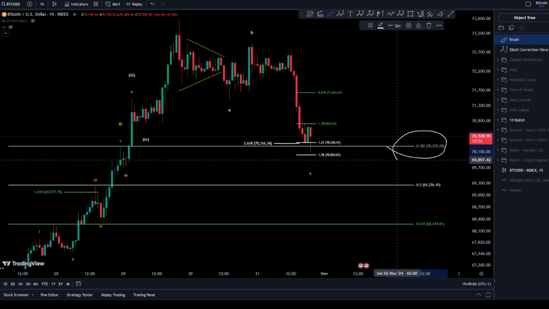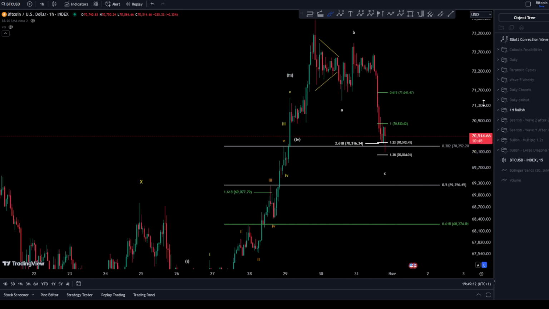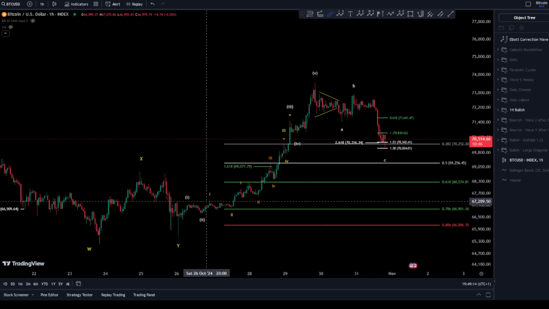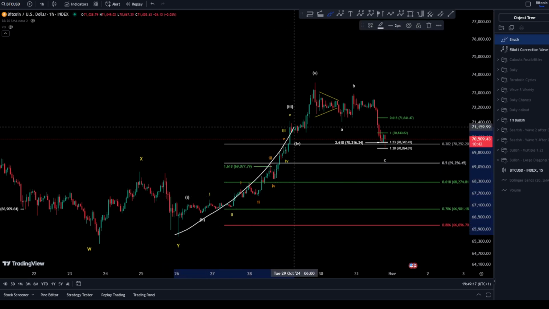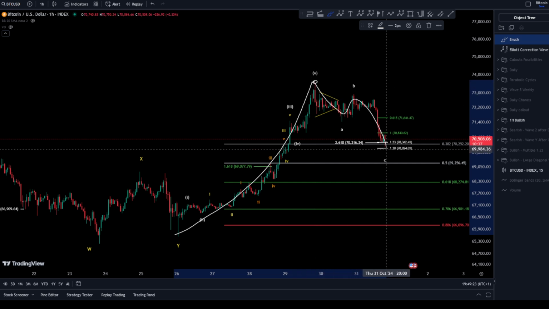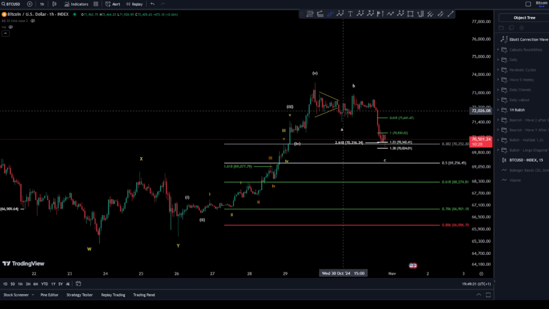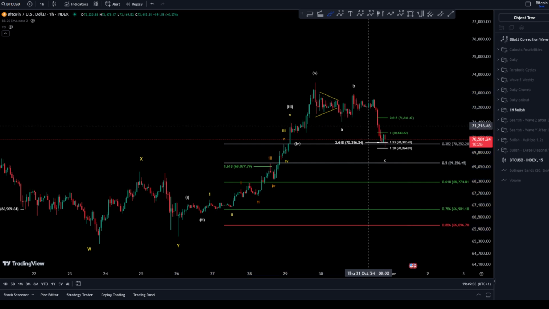And as you can see, we have just a bottom on the 0.38 fib level, which is a minimum requirement for a wave 2. And by all means, is it possible that we are in this scenario that we talked about today in the morning, in 1, and then wave 2 in 3 waves, hitting the minimum requirement at 0.38 and then moving up? So that could be very, very possible.